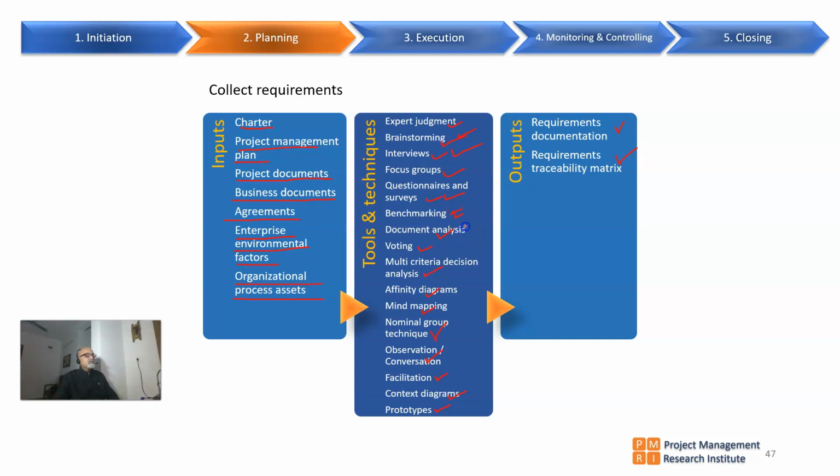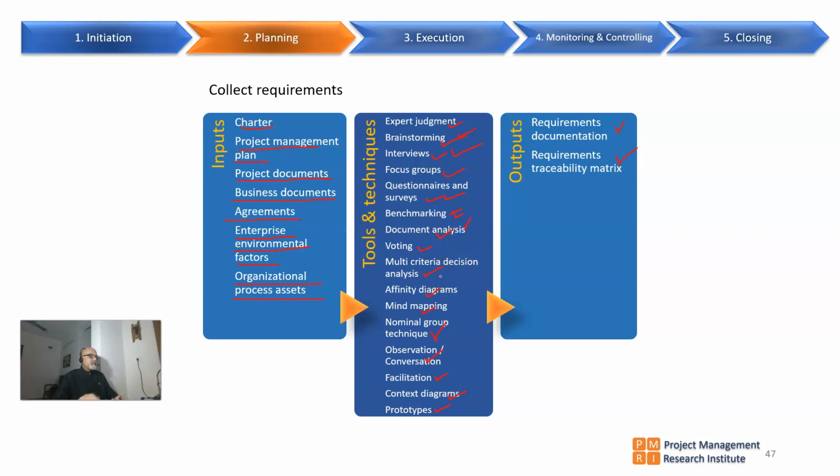Document analysis: maybe analyzing the request for proposals, request for quotations, the tender documents. All these things will help me understand the requirements better. Voting: because there could be n number of requirements, we have to validate, and at that time we can use voting also.